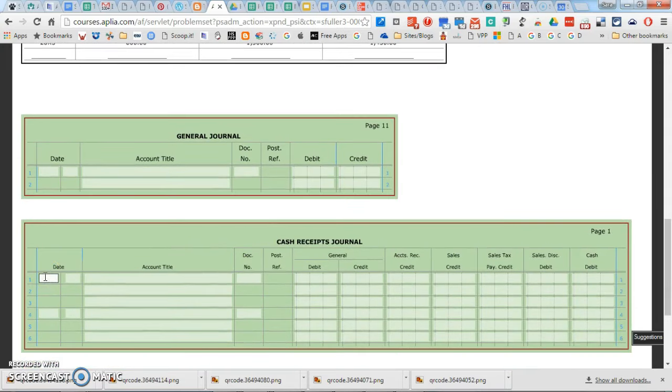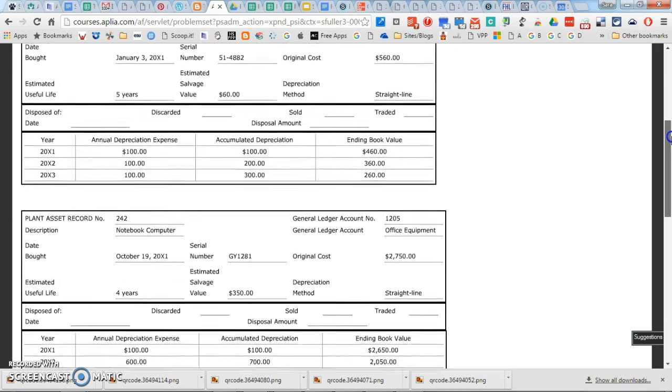Our date will be January 6th. And then to kind of determine what our account order will be and everything, we're going to come back up and find the computer monitor.